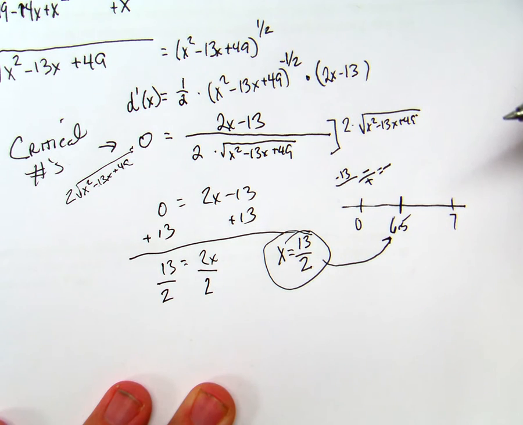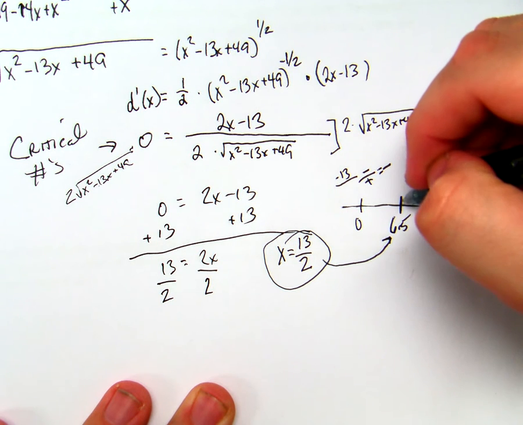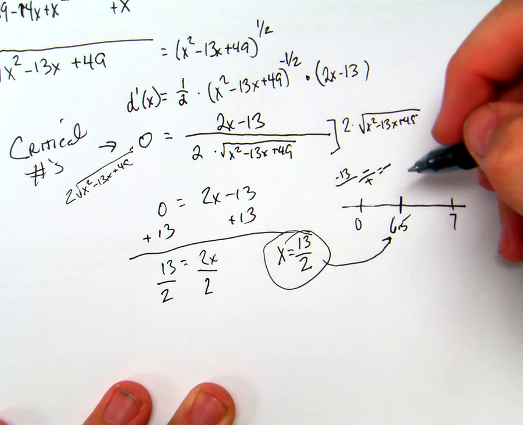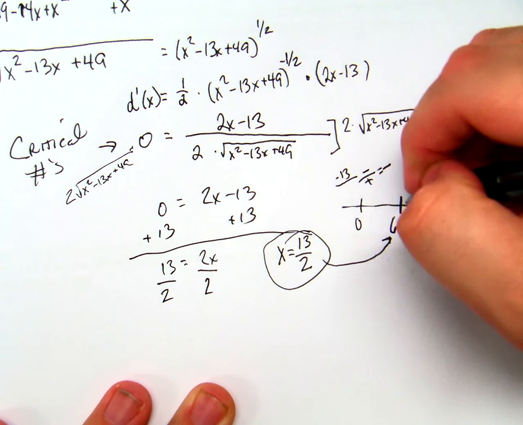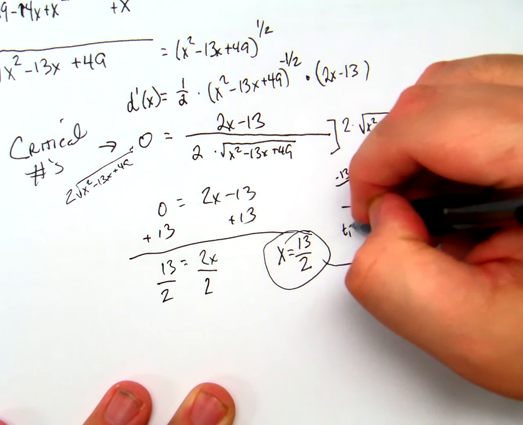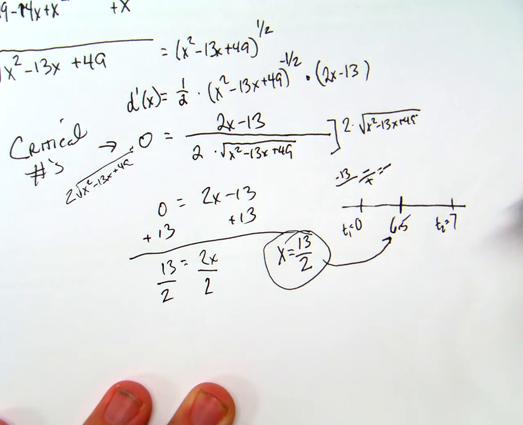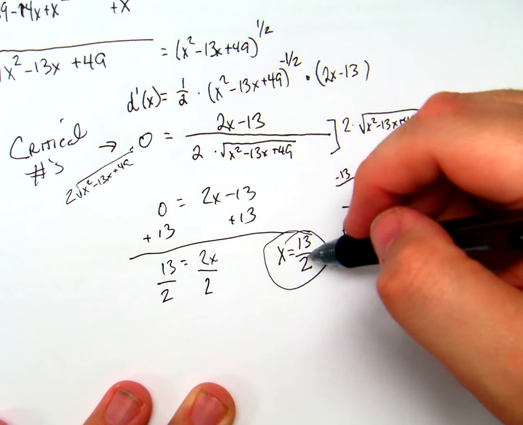Critical number. 13 over 2 is 6.5. You do what you do with critical numbers. You were doing a sign test. So that's a test point. Here's a test point. Critical number. 13 over 2 is 6.5.